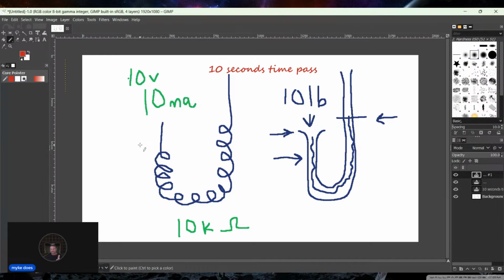As your 10 pounds of force on the water on the right, what's going on here is the same 10 volts on the left here.